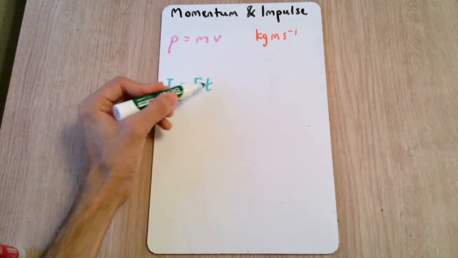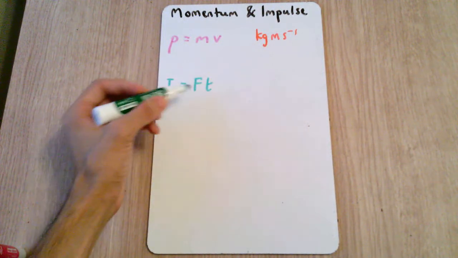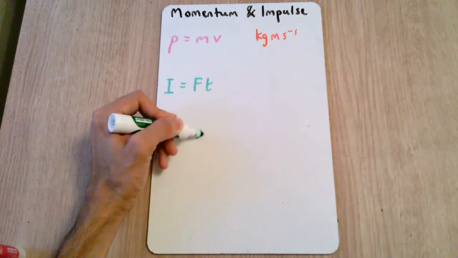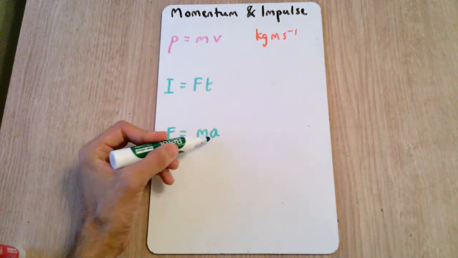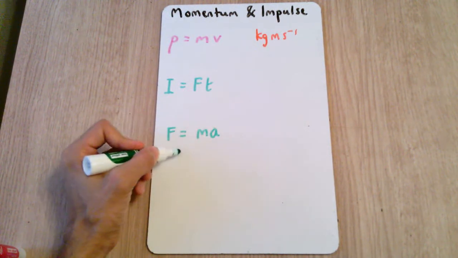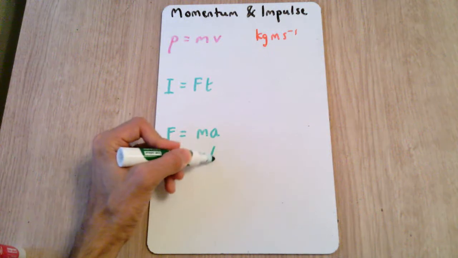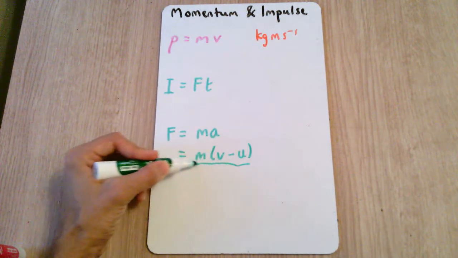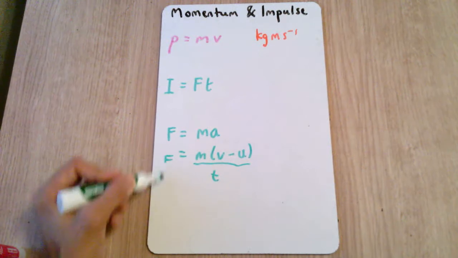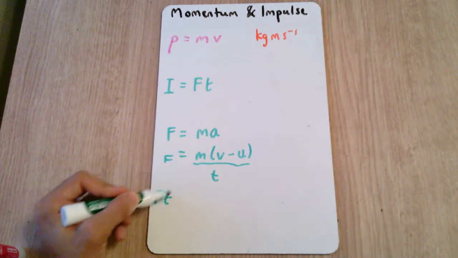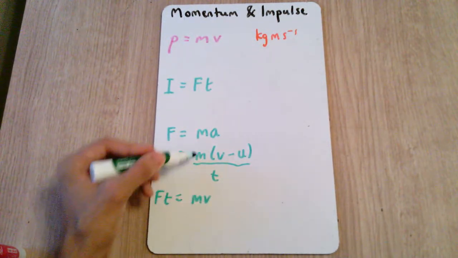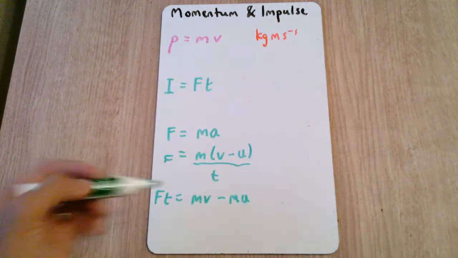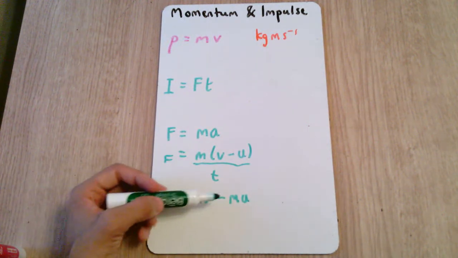Now, if we think about force times time, there is a formula that links force and time, and it actually comes from F equals ma, because a is technically the change in velocity over time, which is (v minus u) divided by t. And if I rearrange that equation, we get Ft is equal to mv minus mu. And this is a final momentum minus an initial momentum.